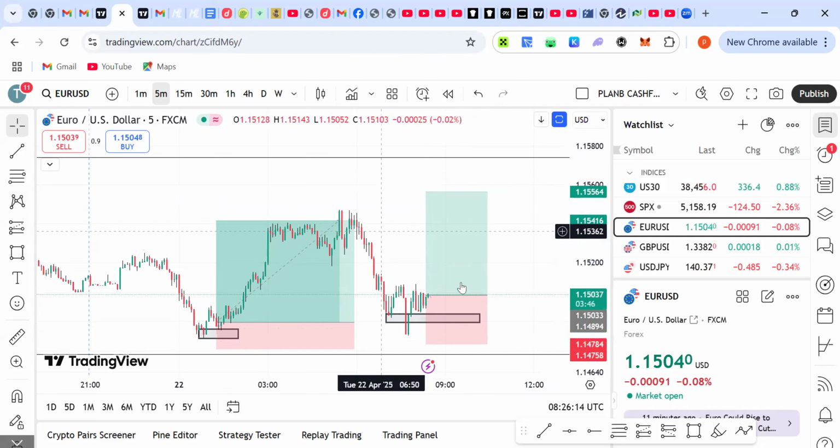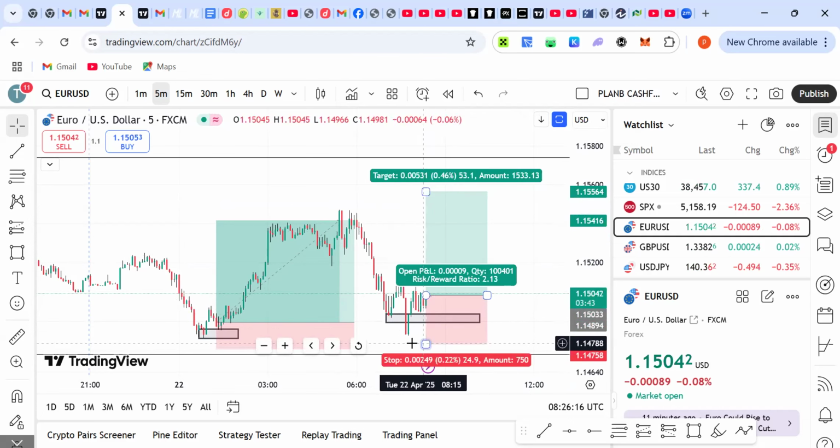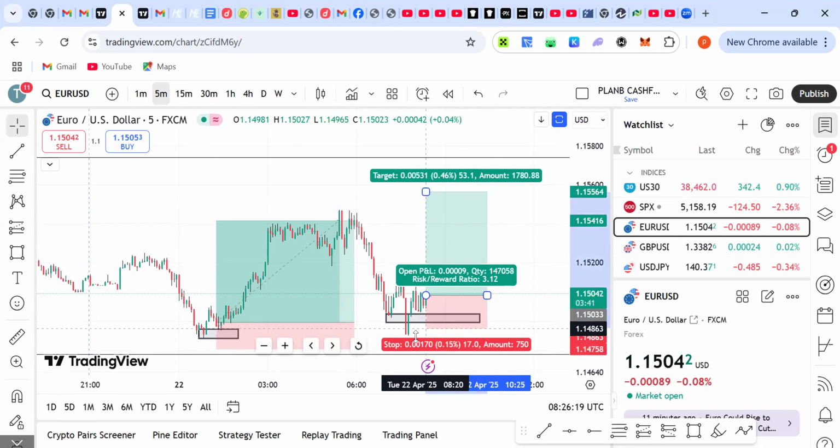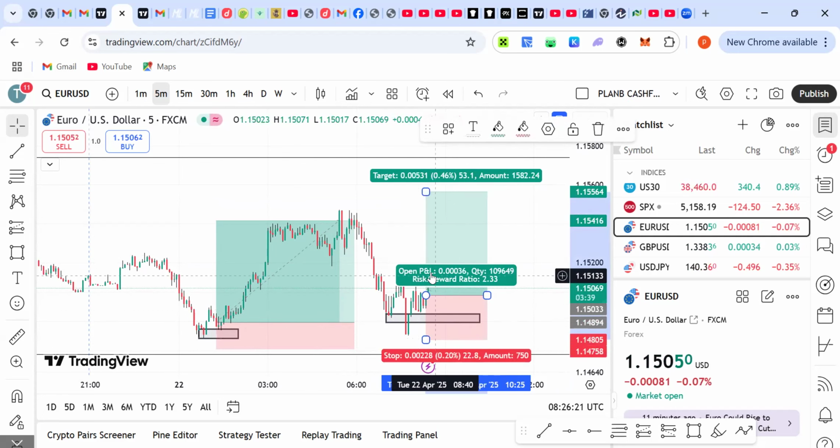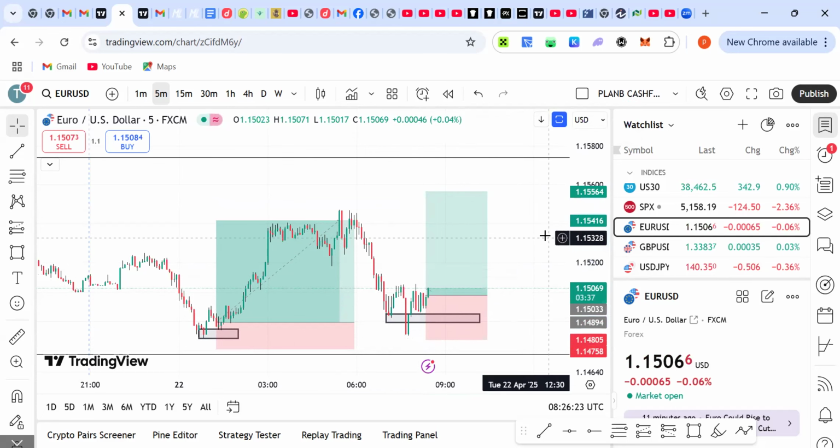So then I put my stop loss, already calculated, knowing how much I'm going to lose when the trade actually goes the other way around. So let me just do the example. So let's go.